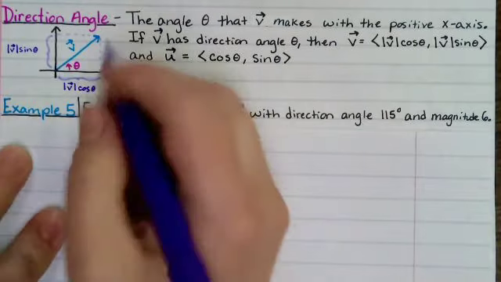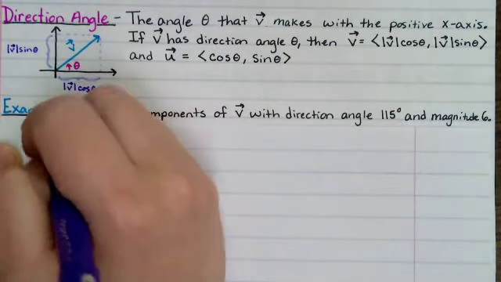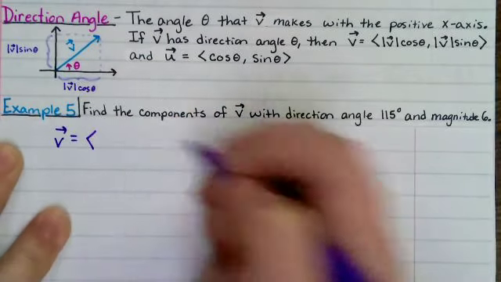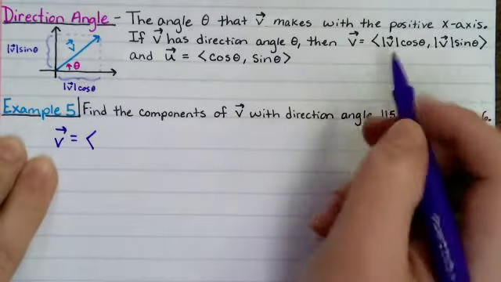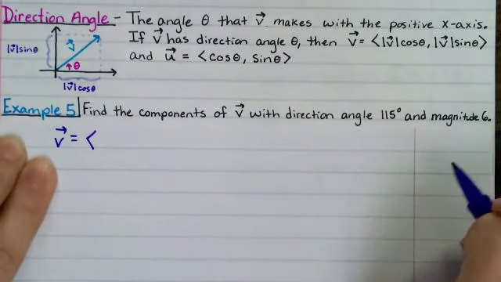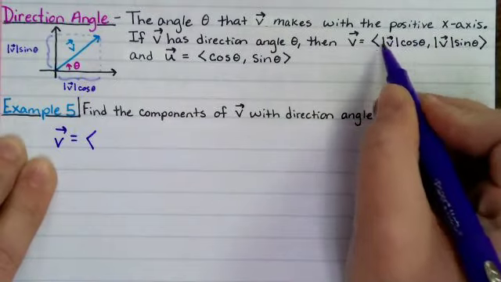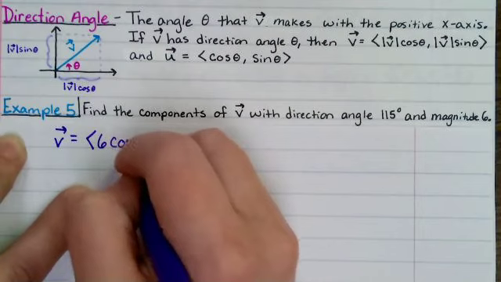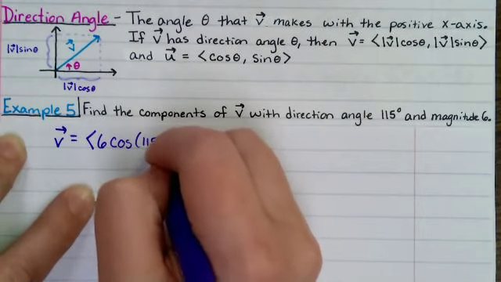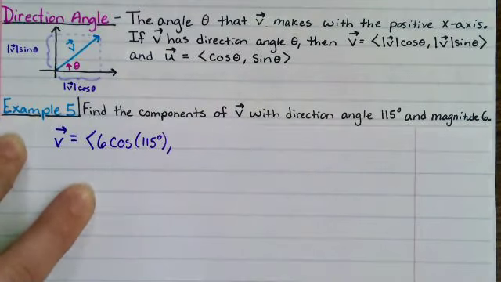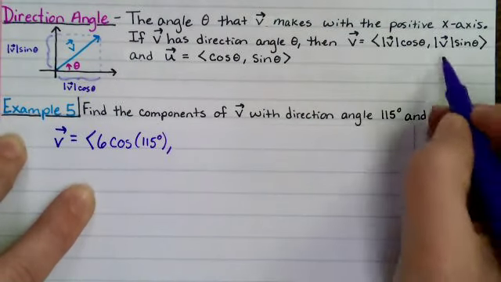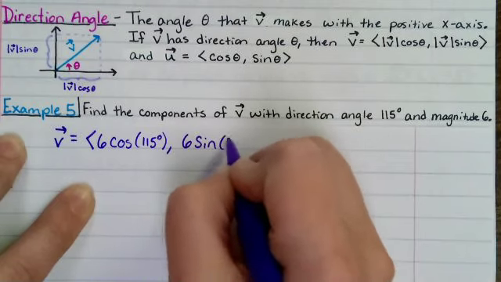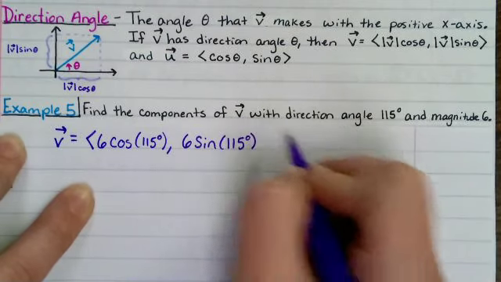Here we're going to see V, the vector, with our little components where I plug it straight in. Now, my magnitude is 6, which is the piece in the front. So it's going to be 6 times cosine of 115 degrees. That's going to give you the first component. And then we do the exact same thing with sine: 6 sine of 115 degrees.